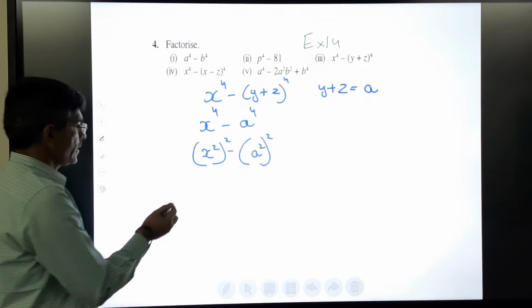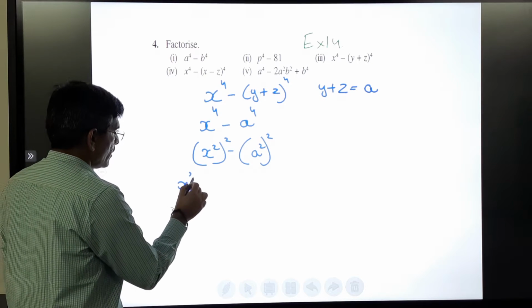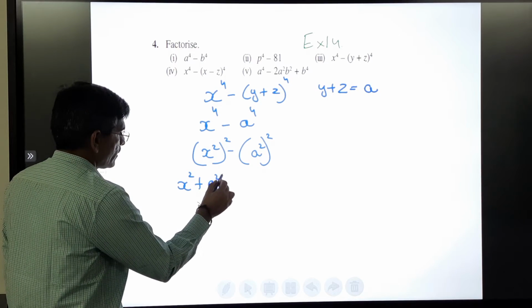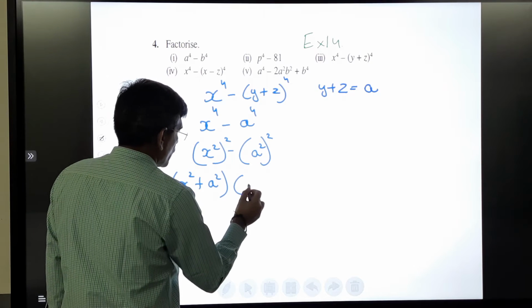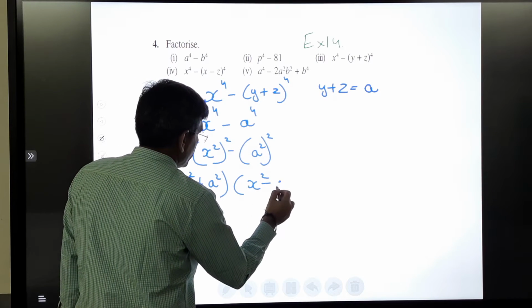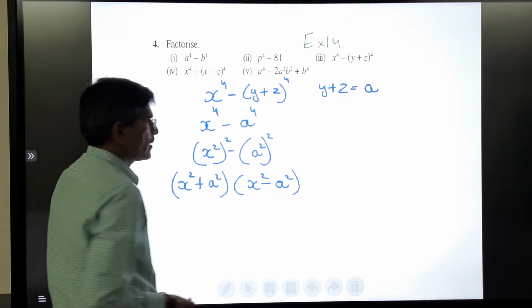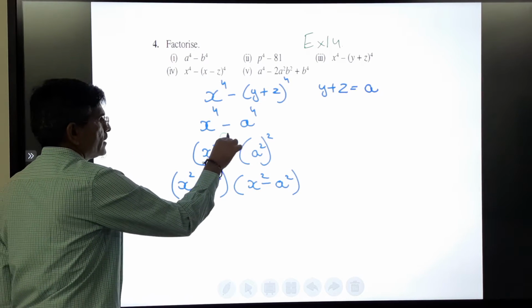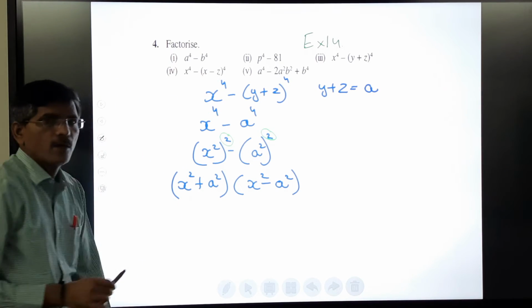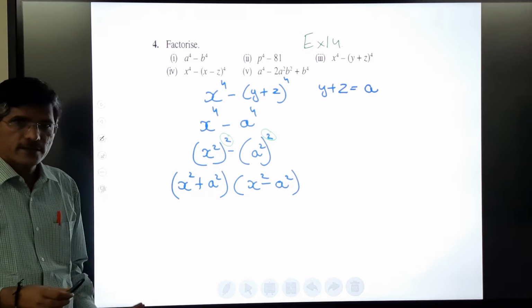So again identity same, x square plus a square and x square minus a square. What we have to remove this power. Now inside power is there.